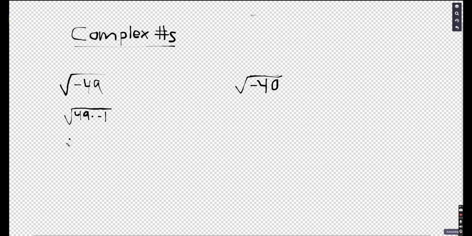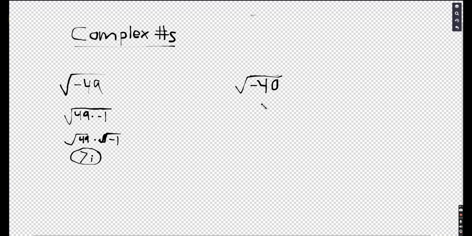We know the square root of 49 is 7, and the square root of -1 is i. So we just found a solution to a seemingly impossible problem.